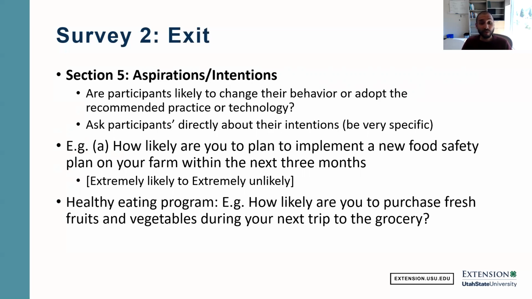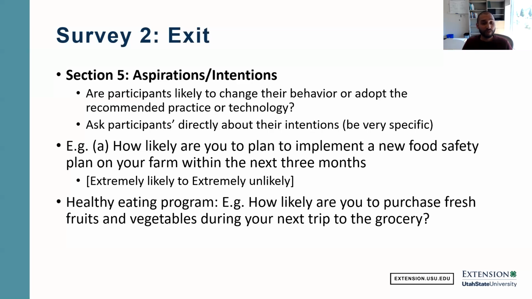Looking at the examples on this slide, the medium-term outcome of the food safety program was to get farmers to implement an updated food safety plan, right? So as you can see, the aspiration question specifically asks, how likely are you to implement the new food safety plan on your farm within the next 3 months?